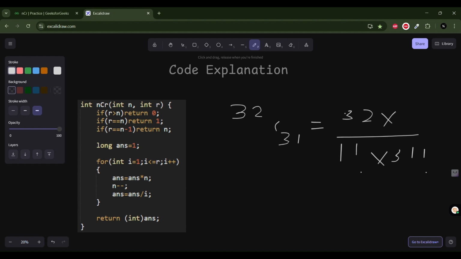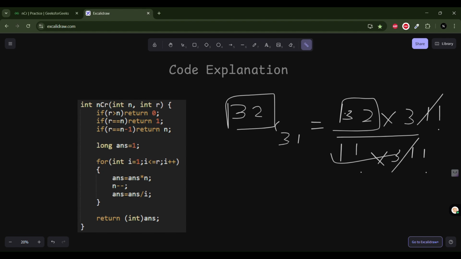We expand it like this, so 31 factorial cancels, 1 factorial is 1, so the answer is 32. So in the condition, when r is equal to n minus 1, meaning r is 31 and n is 32, we have to return n, which is 32.